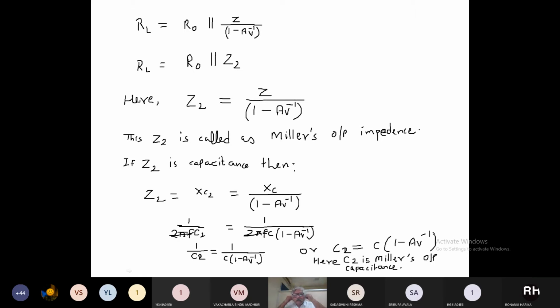Now we will combine the input and output side after Miller's theorem.